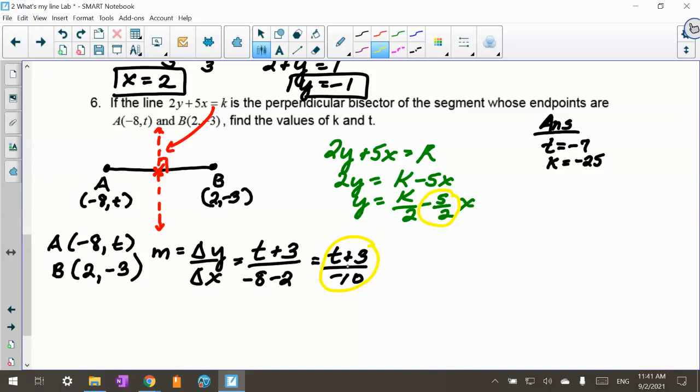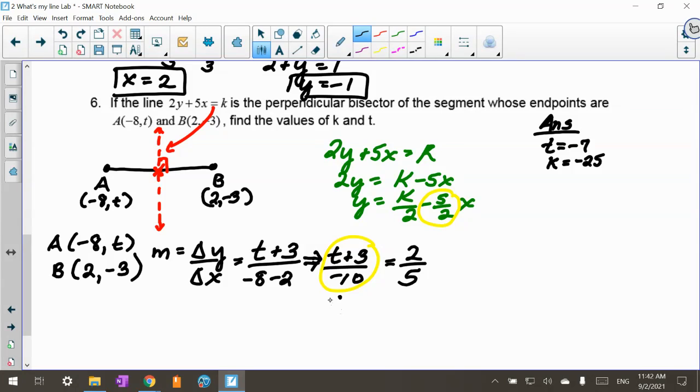Guess what? I know they're negative reciprocals of each other. So I basically am going to put this equal to a positive 2/5. I'm just going to look at this part of it. So I have (t plus 3) over negative 10 is equal to 2/5. It has to be. All right, it's the negative reciprocal. So I'm going to cross multiply.